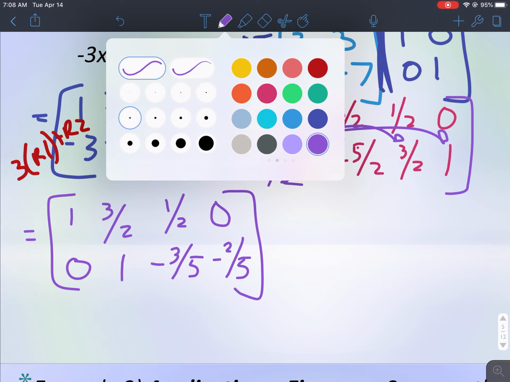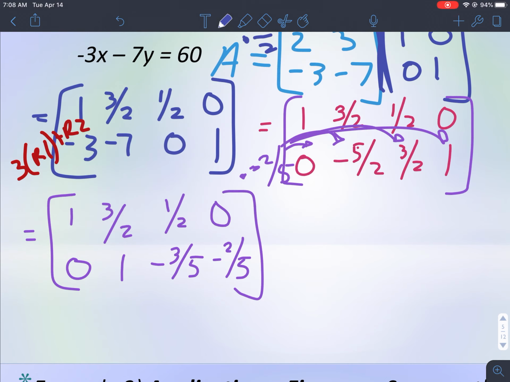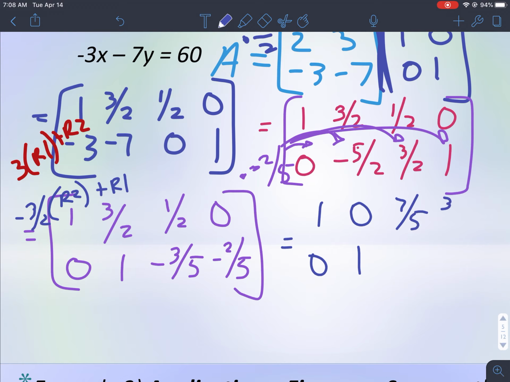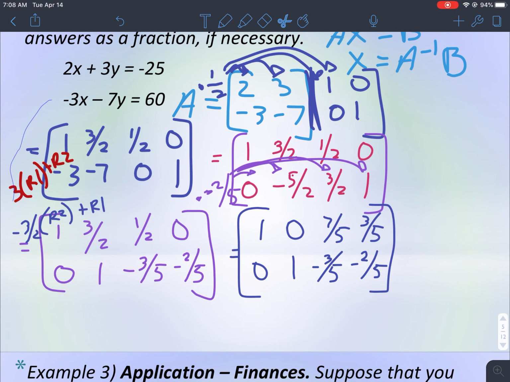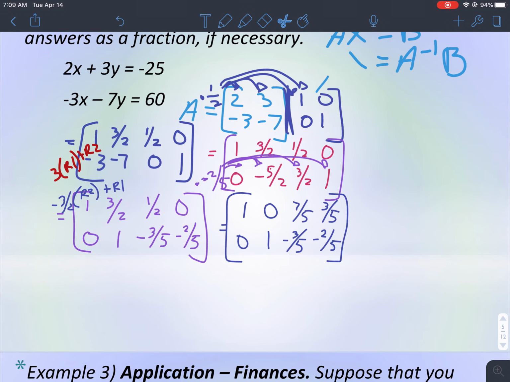Almost there. Let's multiply -3/2 times R2 and add it with R1. So the first part of the problem is to find the inverse, which we've done.